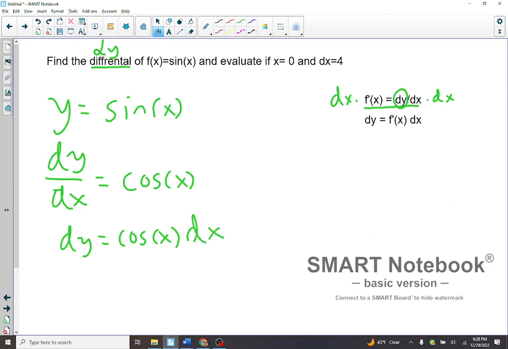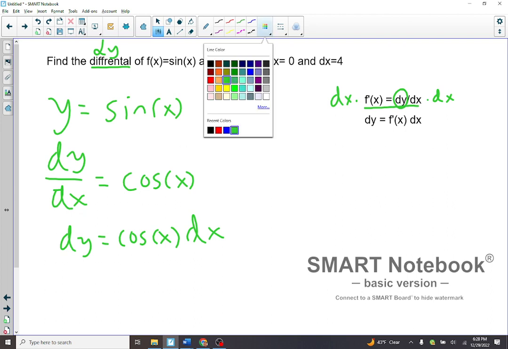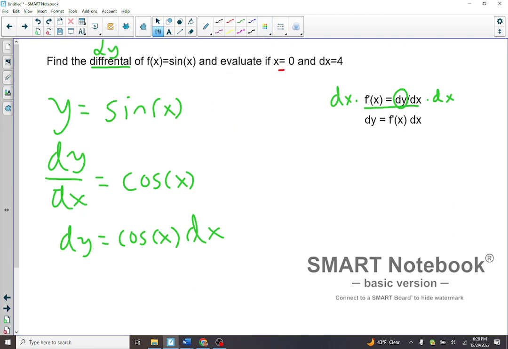All right, with that in mind, I know what my x and dx is, because my x is 0, and my dx is 4. So I'm going to plug in a 0 here, and I'm going to make this into a 4. Cosine of 0, on the unit circle, it's over here. Cosine is the x value, so that's a 1. So 1 times 4 equals 4. So your final answer is 4.